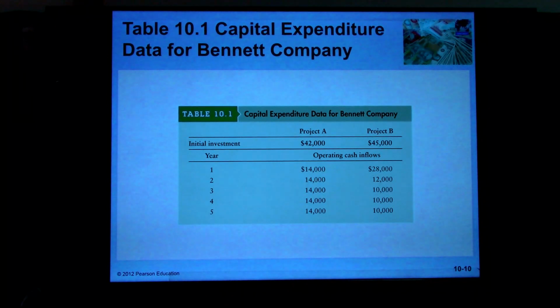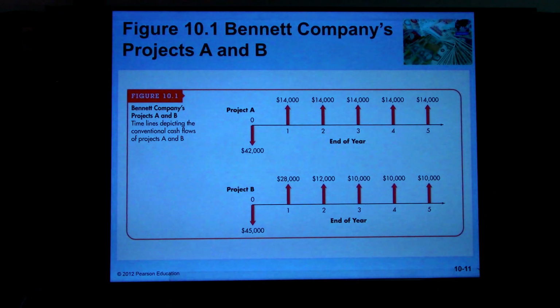First of all, we must figure out the type of project using what we call a timeline. A timeline is a method that depicts the conventional cash flows of projects A and B. As you see, we have 5 years starting from 0 to 5.